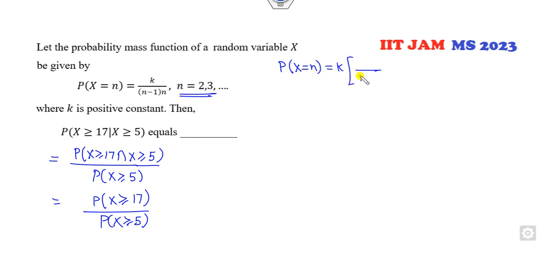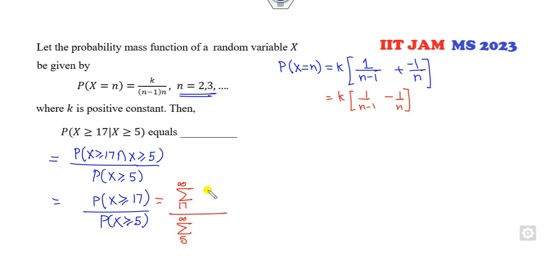I can factorize them, n minus 1, and here it is 1, it is minus 1. Or you can say it's k times 1 over n minus 1 and 1 over this. Fine. Now you can see this will be 17 to infinity and it will be 5 to infinity of this expression.